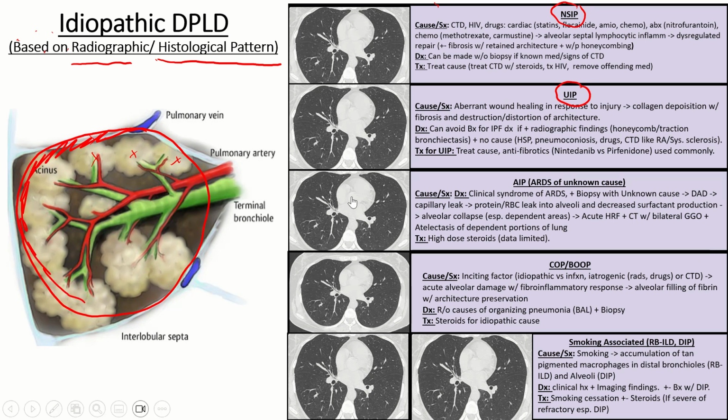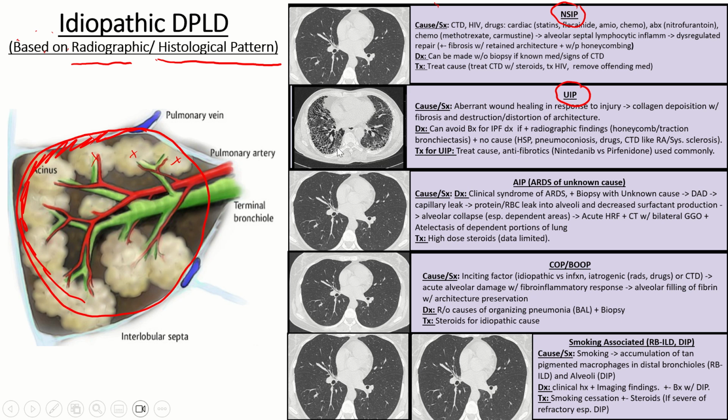When you do a CT scan with these patients for UIP, what you're really going to see is pretty severe fibrosis. We're looking at the lower lobes here. You can see fibrosis causing outward pulling of your bronchi, so you can have traction bronchiectasis, which is bronchiectasis secondary to traction by fibrosis and subsequent bronchial widening.